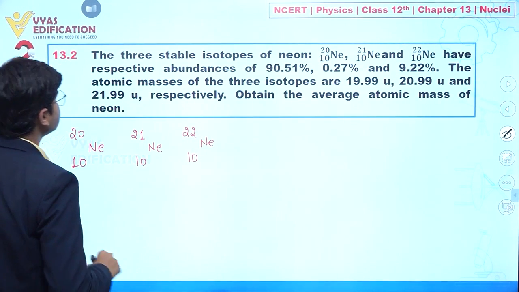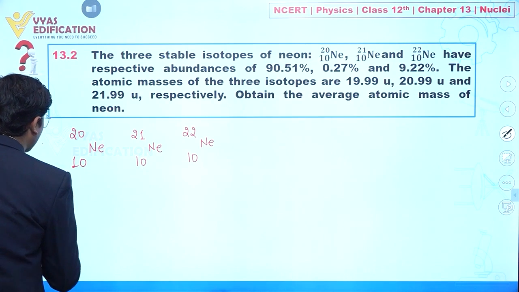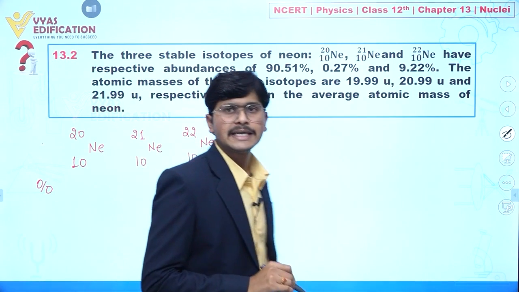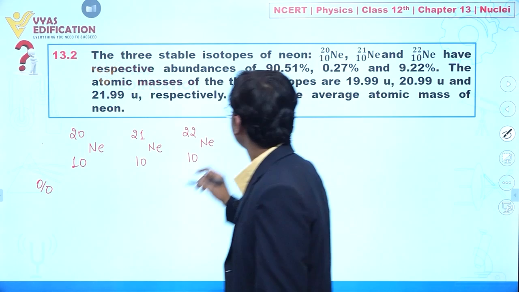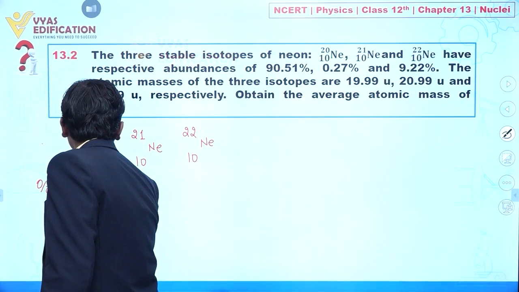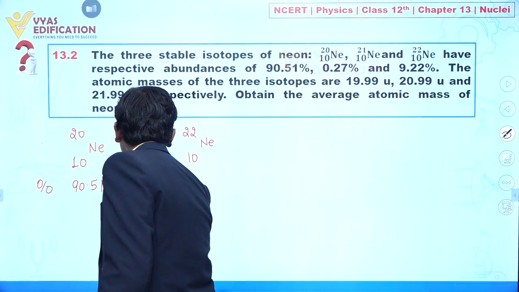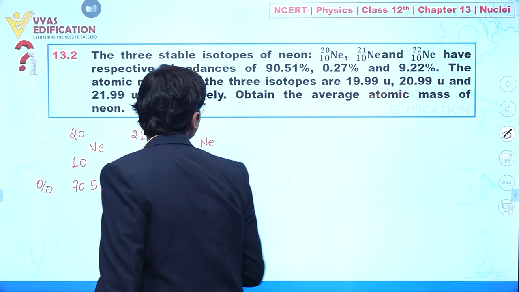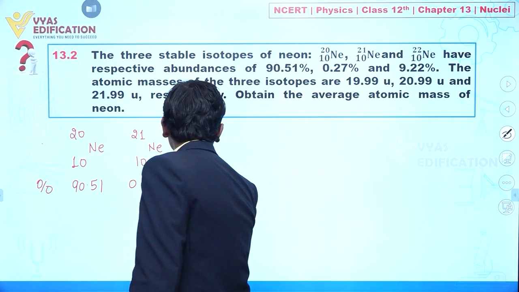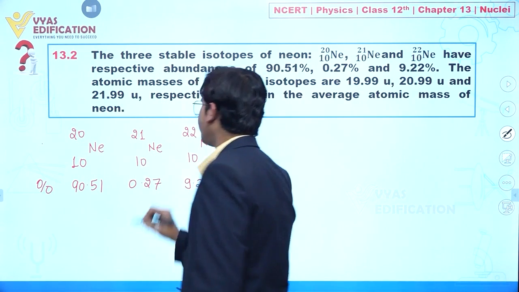So now if we are talking about percentage abundance, it is given in this question, this is equal to 90.51, clear. Next we have 0.27, clear, and this is equal to 9.22, clear.